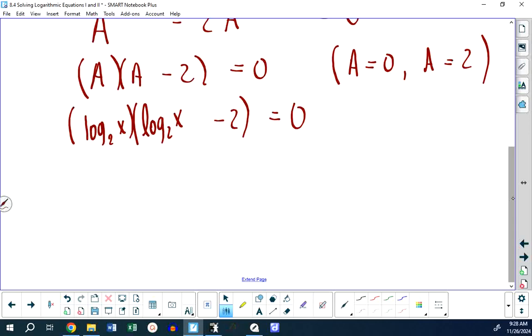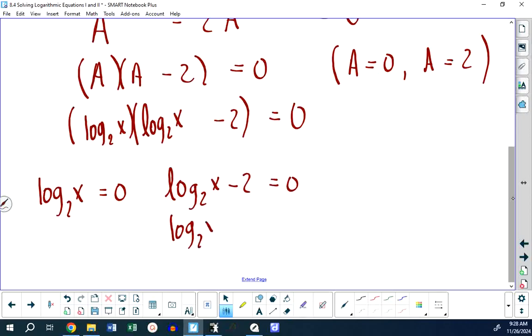The only way the product of two factors can be equal to 0 is if either of the factors is equal to 0. And then I add 2 to both sides.